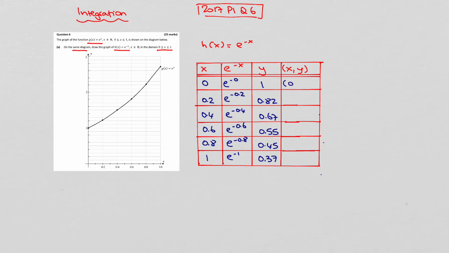So that means our coordinates are out to 0 up to 1, out to 0.2 and up to 0.82, out to 0.4 and up to 0.67, out to 0.6 and up to 0.55, out to 0.8 and up to 0.45, out to 1 and up to 0.37.